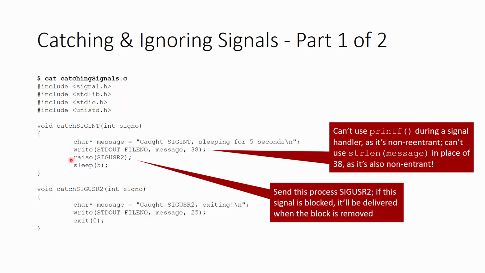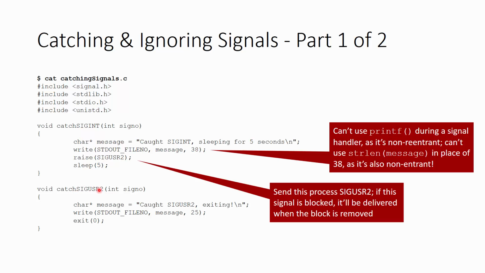So when we say raise SIGUSR2, the SIGUSR2 signal is put up in the queue and stays there and can't do anything. Then we sleep for 5 seconds, and that's just stalling everything out. And while this is running, remember, SIGUSR2 cannot hit. Finally, after the sleep finishes and this function returns, SIGUSR2 is delivered to our process.